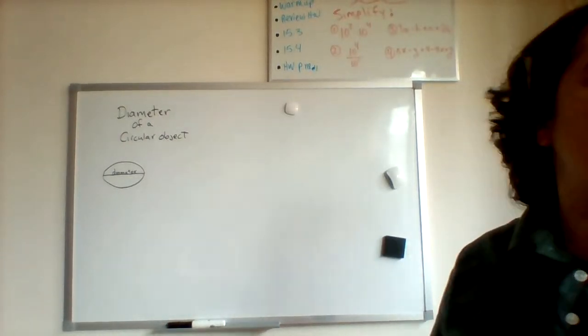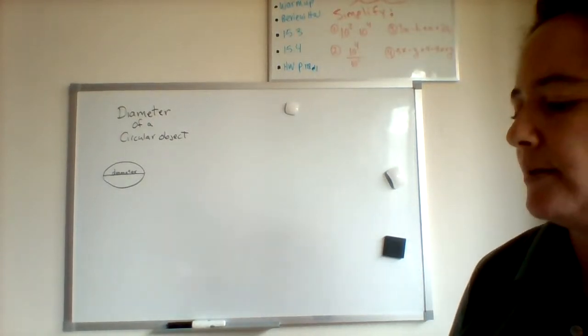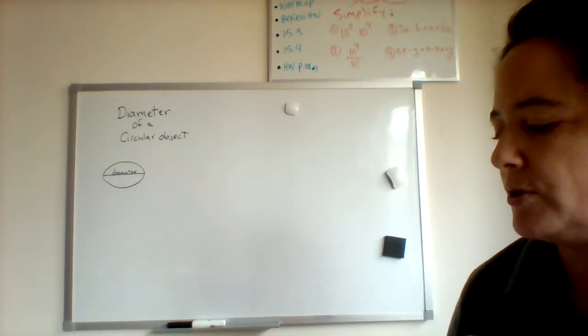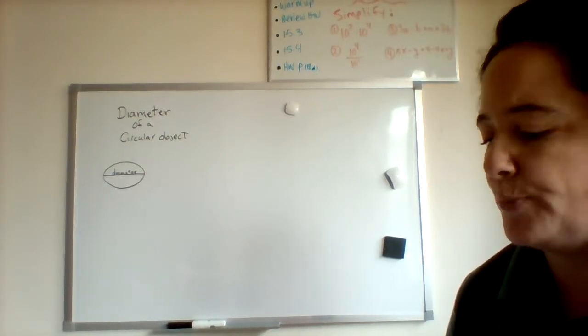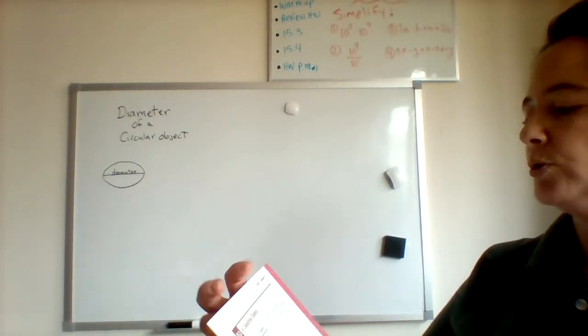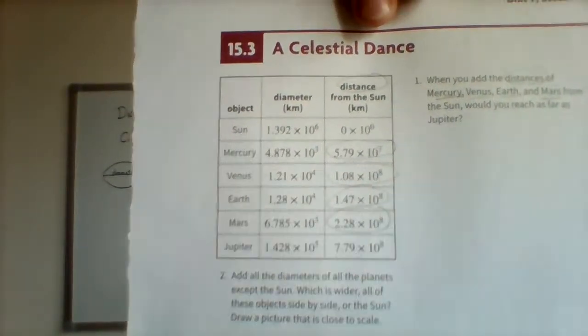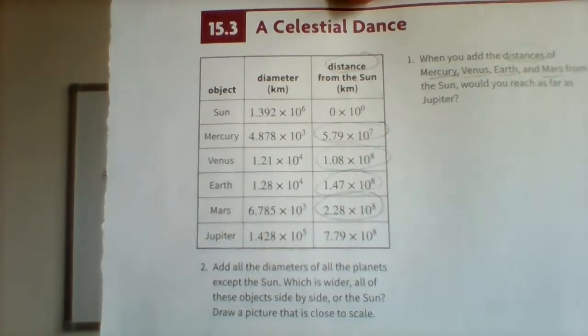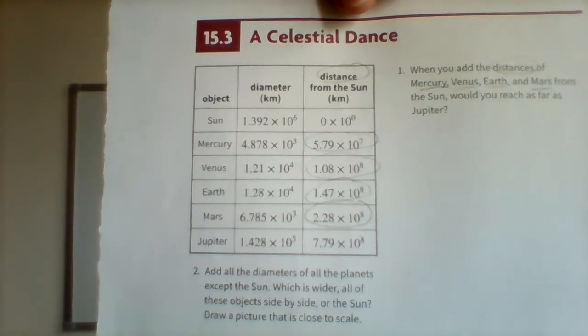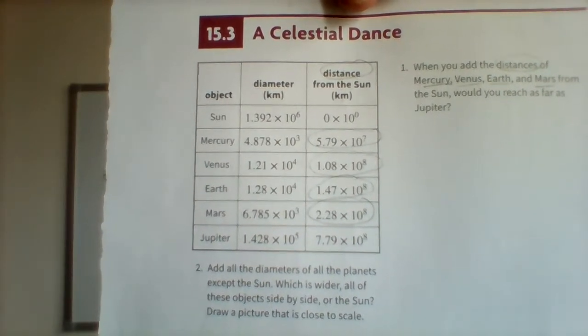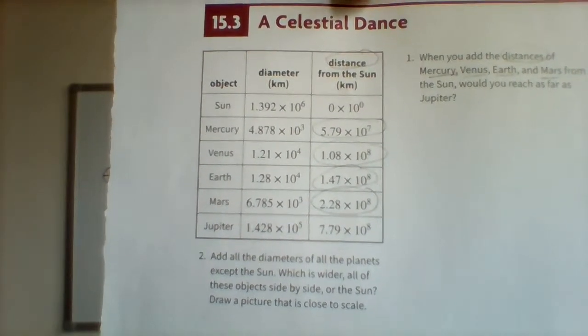So number 1 says, when you add the distances of Mercury, Venus, Earth, and Mars from the sun, would you reach as far as Jupiter? So I circled the ones that we need to add. Hopefully you guys see that. And we're going to compare it to Jupiter.